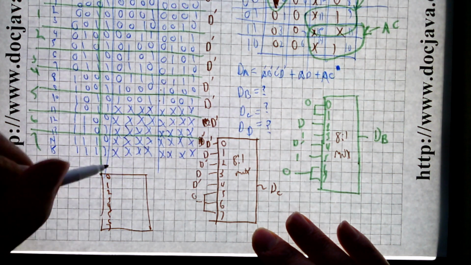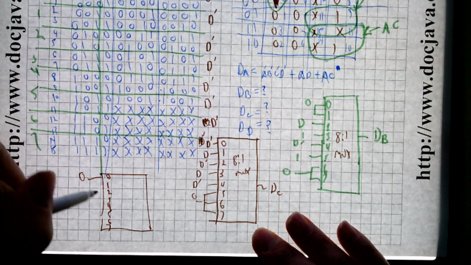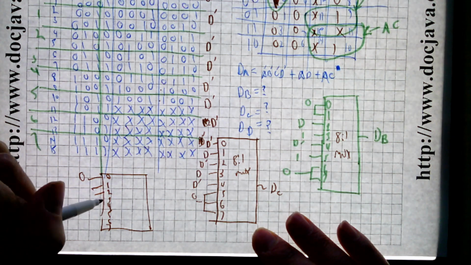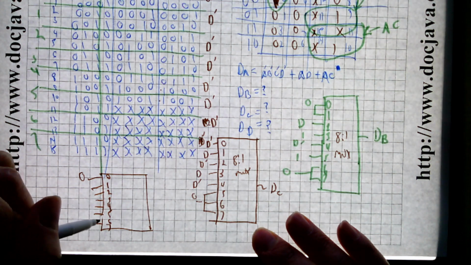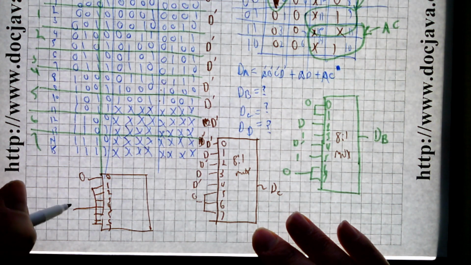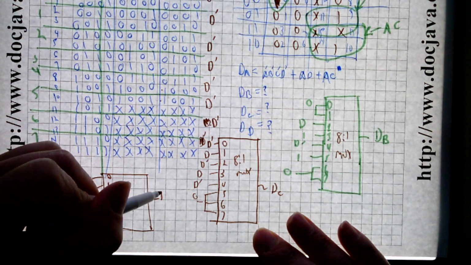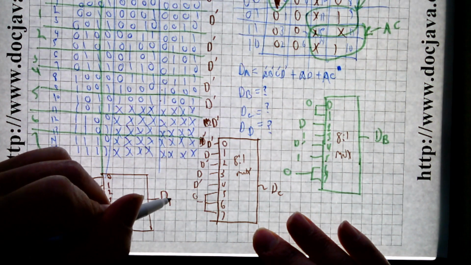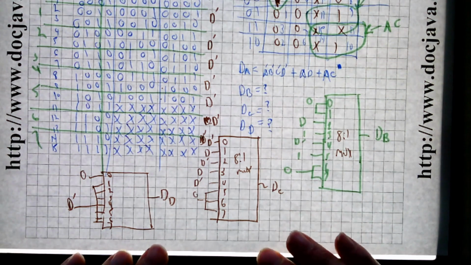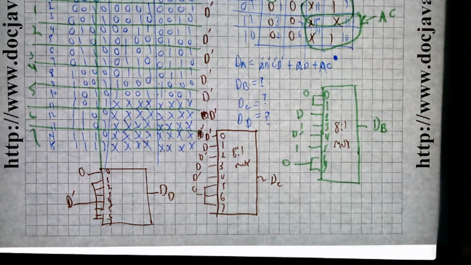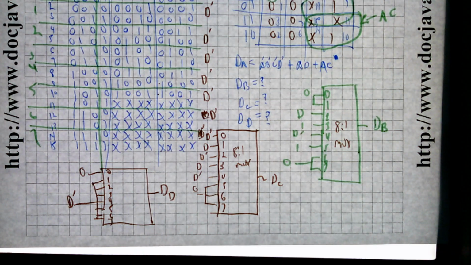So this would be 0, and all the rest d prime, and then the output is going to be d sub d, the input to the D component of the delay flip-flop. And that's a very cool way to do it.